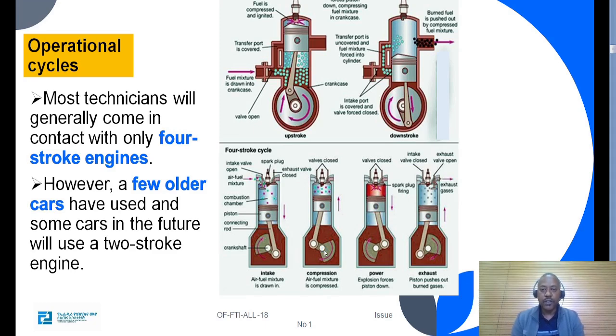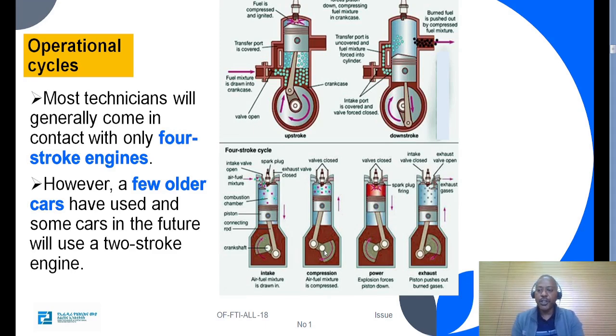Let's discuss the first classification, which is based on operational cycle. Most technicians will generally come in contact with only four-stroke engines. However, a few older cars have used, and some cars in the future will use, a two-stroke engine.